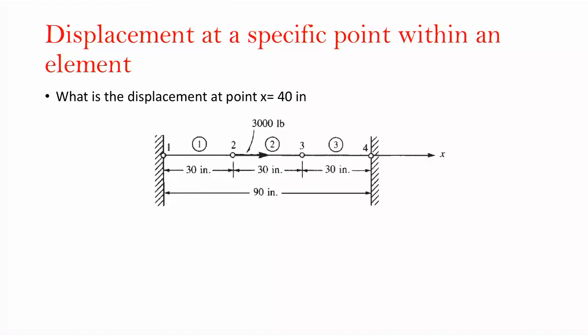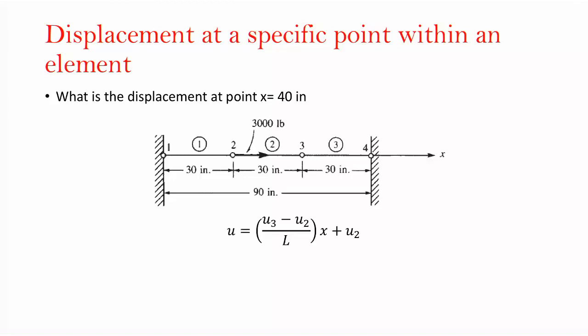The first thing that you need to ask yourself is, what formula do we need to use to calculate the displacement here? Exactly. If you remember, in step 2, we assumed a linear displacement function, which was about the linear shape functions as well. So we want to use that here.